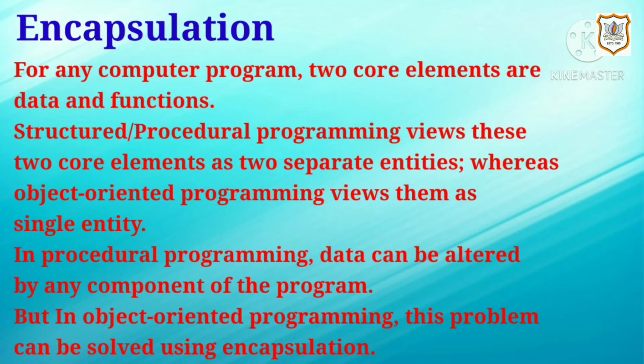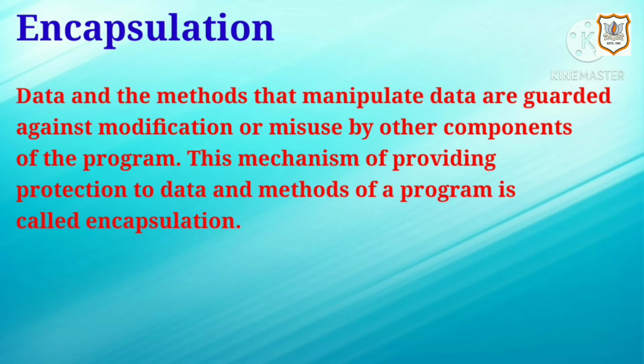In procedural programming, data can be altered by any component of the program, but in object-oriented programming, this problem can be solved using encapsulation. Data and methods that manipulate data are guarded against modification or misuse by other components of the program. This mechanism of providing protection to data and methods of a program is called encapsulation.